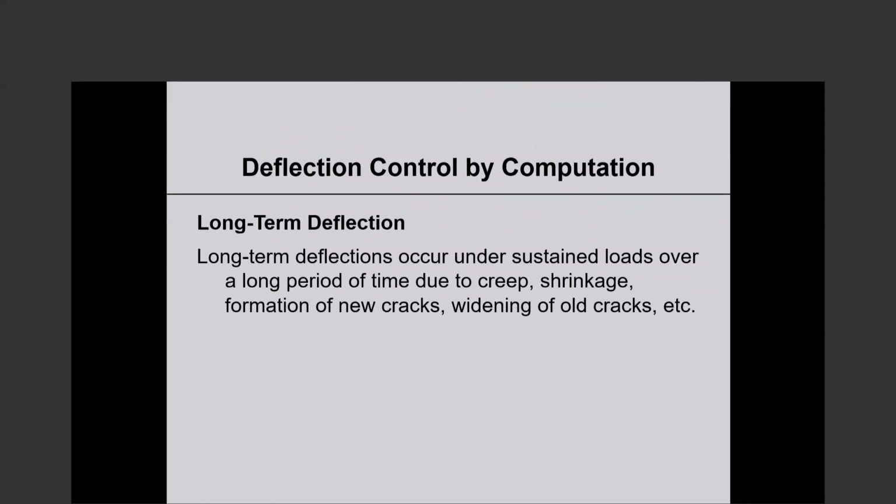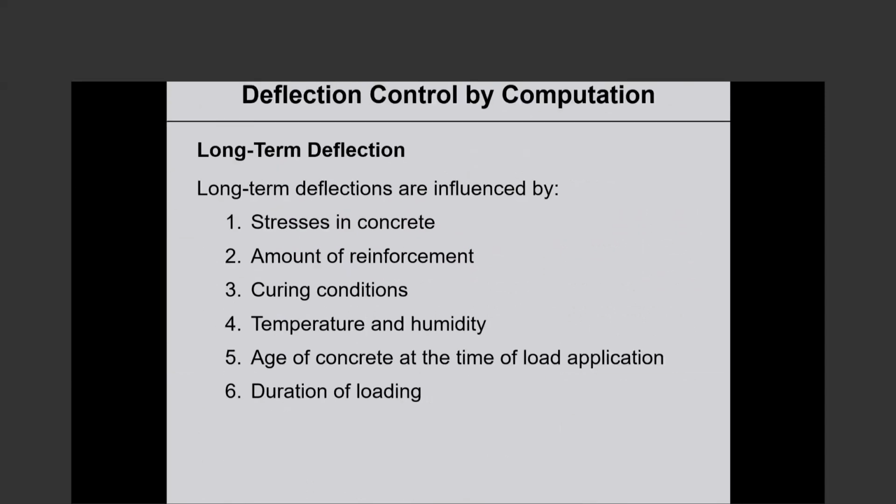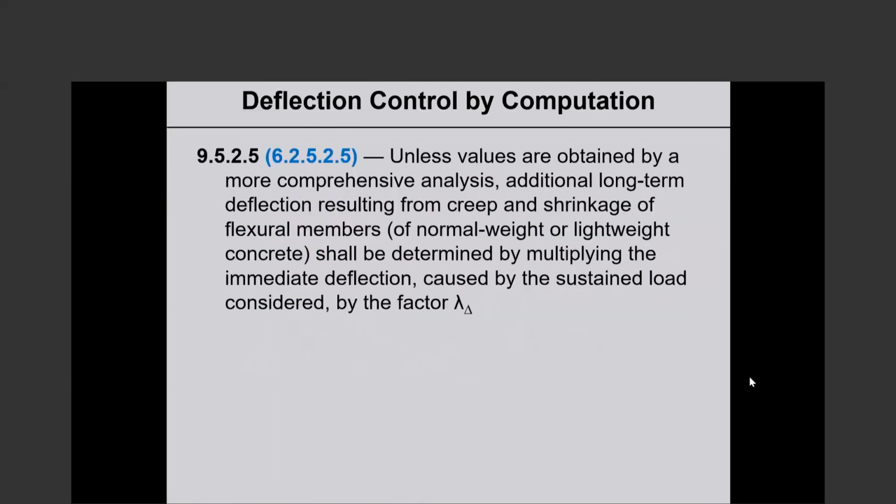Long-term deflection. The short-term deflection can be calculated. Long-term deflection, how do we do it? To cut a long story short, I will let you read the slides, what influences what. For long-term deflection, we have a very crude approach in ACI 318.